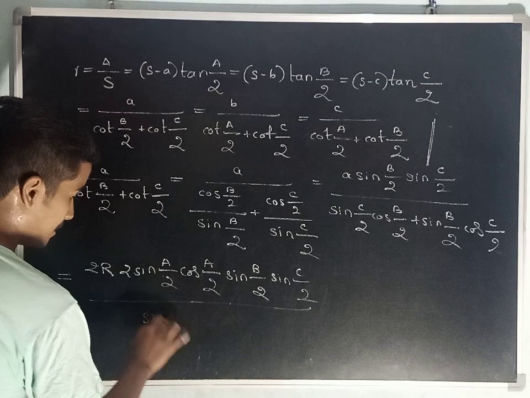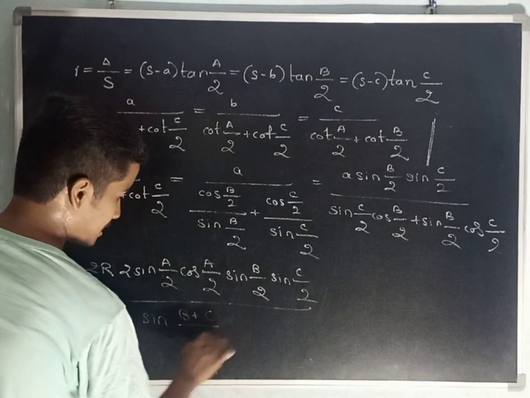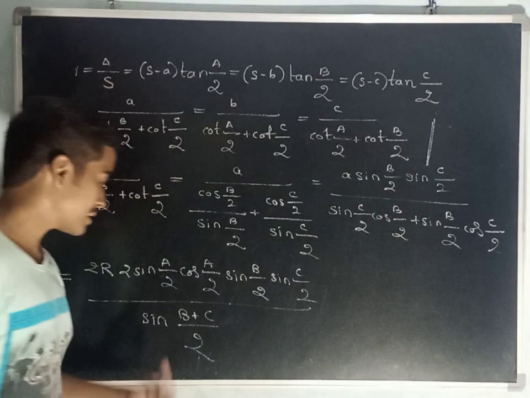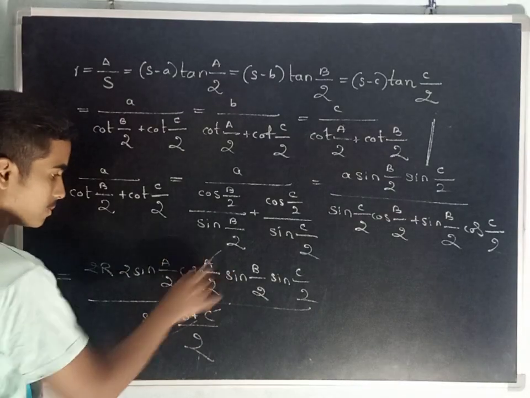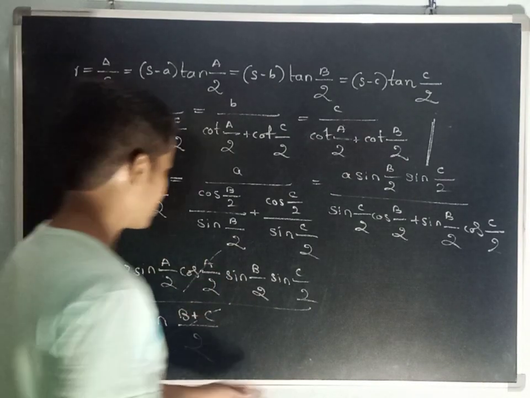It's nothing but sin((B + C)/2). We have already discussed that sin((B + C)/2) is nothing but cos A/2. So these both get cancelled.